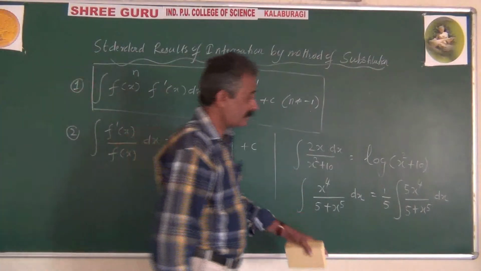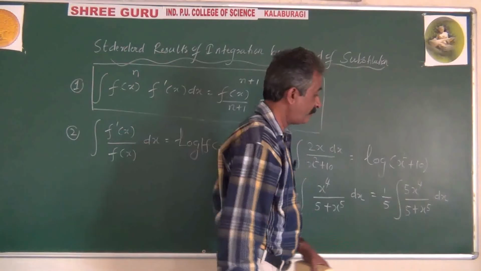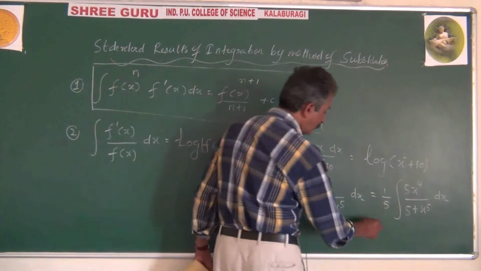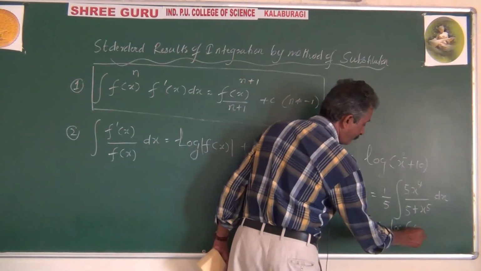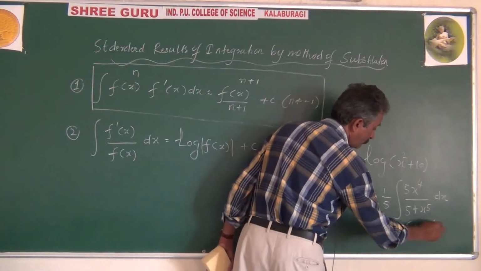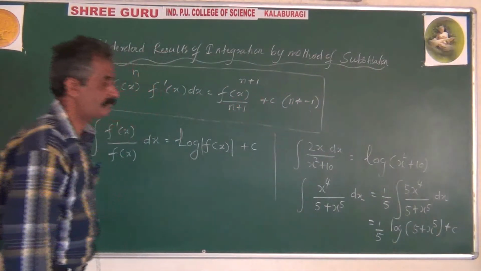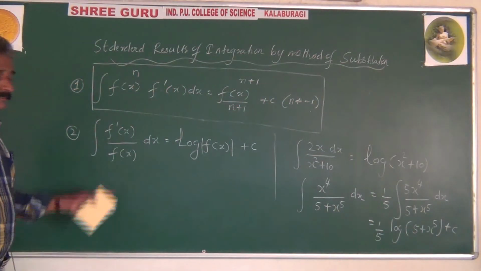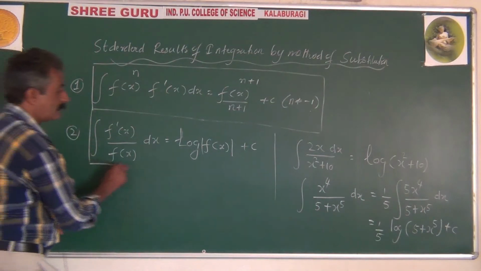Now, just like integration f dash x divided by f of x, the answer is log of f of x, means 1 by 5 log of 5 plus x power 5 plus constant. Like this, the formula we are going to employ in the coming hours.